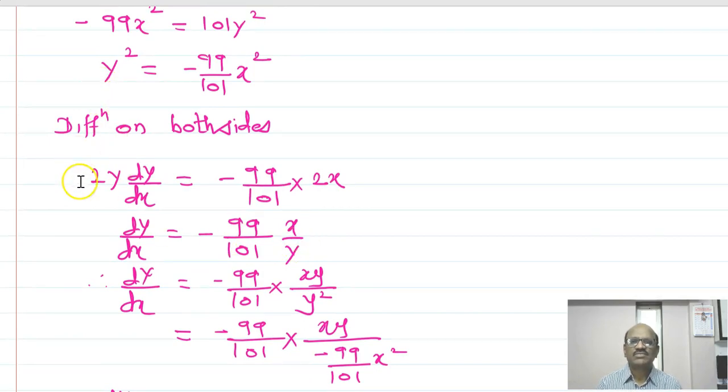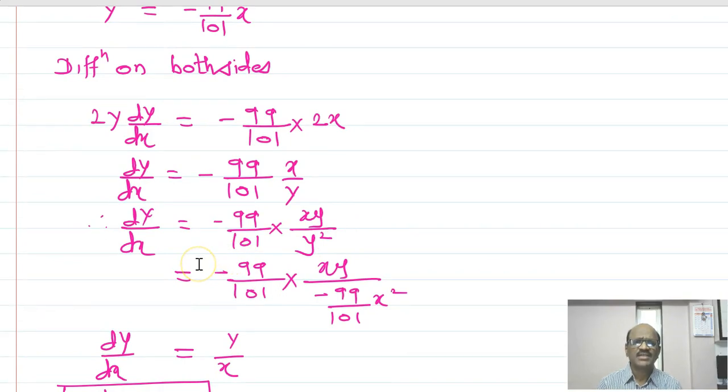The derivative of y square is 2y into dy by dx, and minus 99 upon 101, and the derivative of x square is 2x. Now simplify this. That is, dy by dx is equal to minus 99 upon 101 into x upon y. Therefore dy by dx is equal to, and here we'll substitute the values.